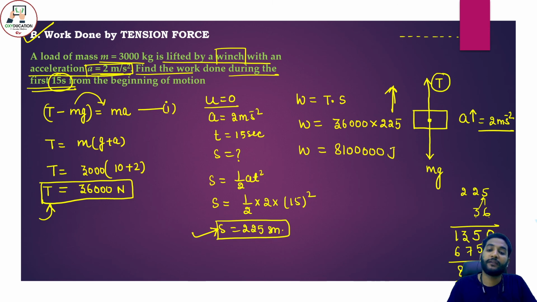This is the value in joule, and you can say W is equal to 8100 kilojoule as well, or you can say W is equal to 8.1 megajoule as well.